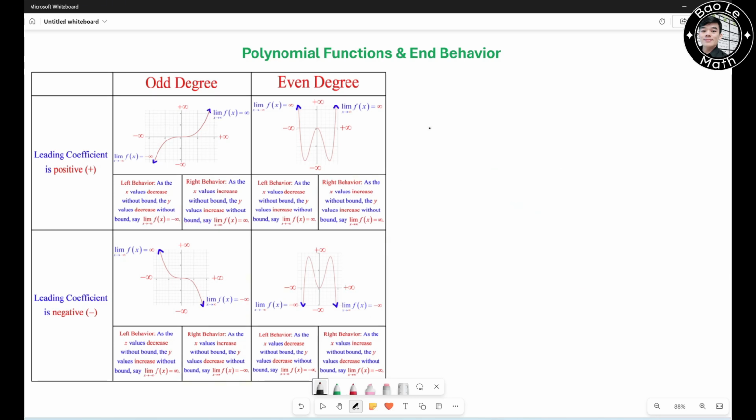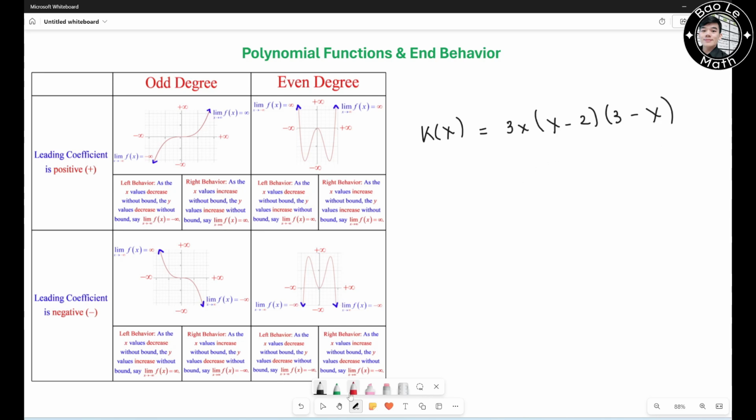Let's take a look at the next example. For example, if I have a function k of s is 3s times s minus 2 times 3 minus s.